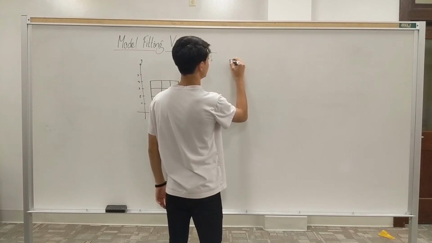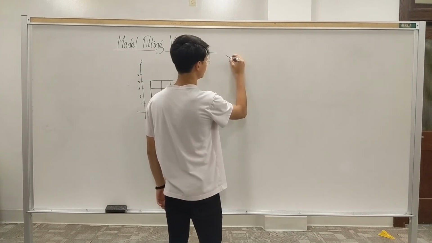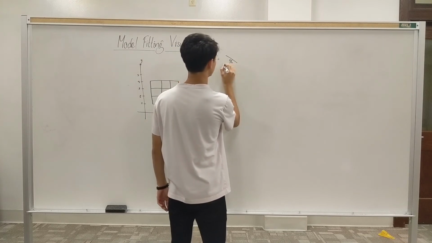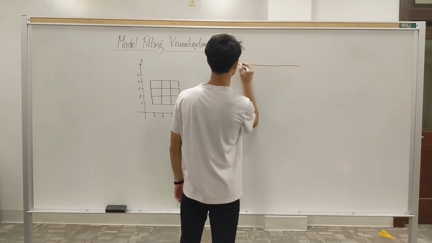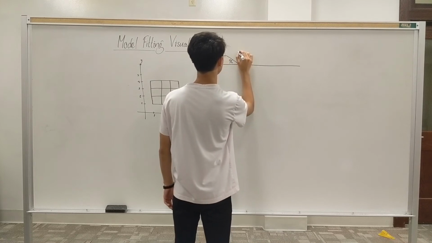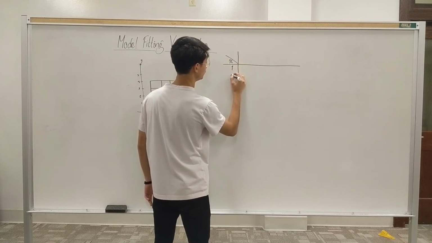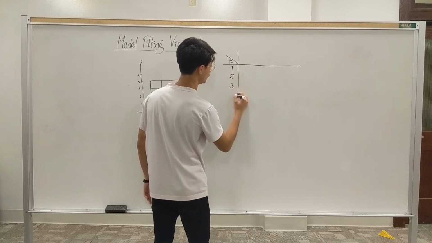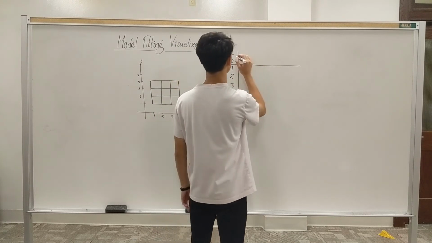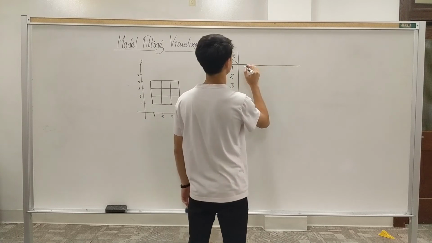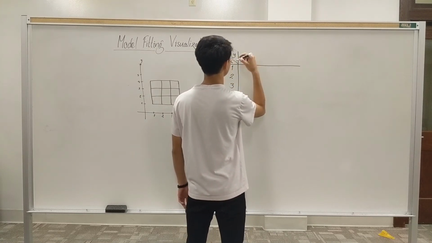So I've got the x-axis in the vertical part of the table. So in the rows, we have the x-axis. That's 1, 2, 3, and 4. And on the horizontal axis, we have the y-axis.